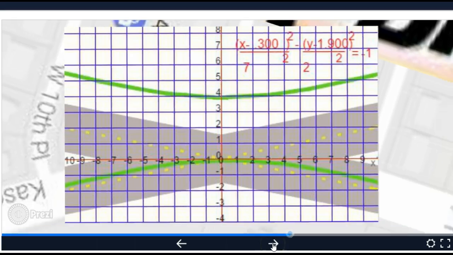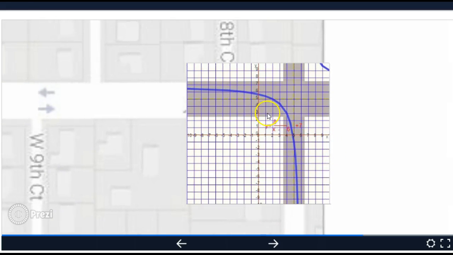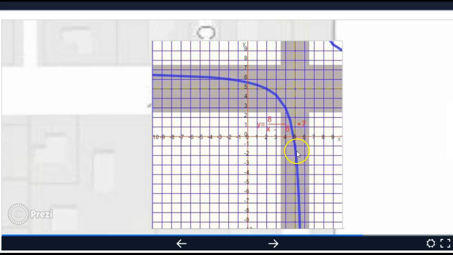Okay? So here I'll show you how to explain a modeling intersection. So here is a 90-degree intersection, which I've tried to model using a hyperbola. And as you can see, the approximate asymptotes here should be kind of like right here.